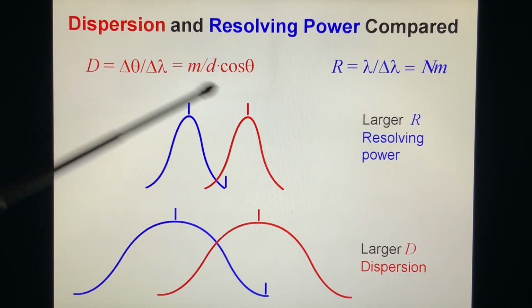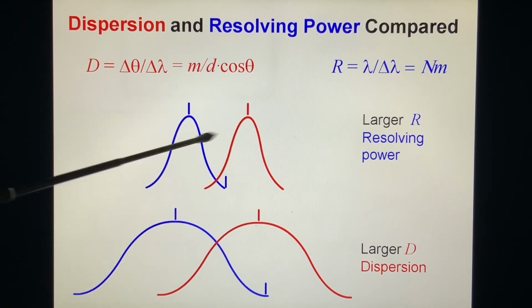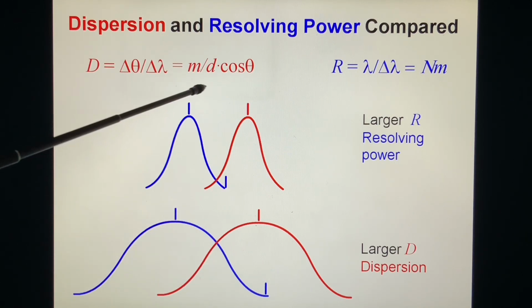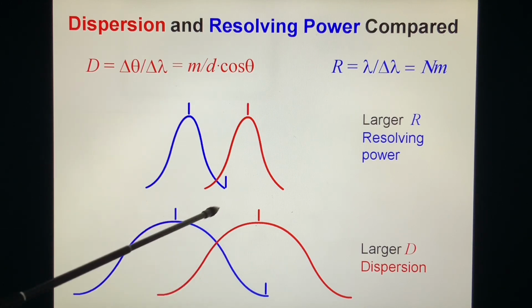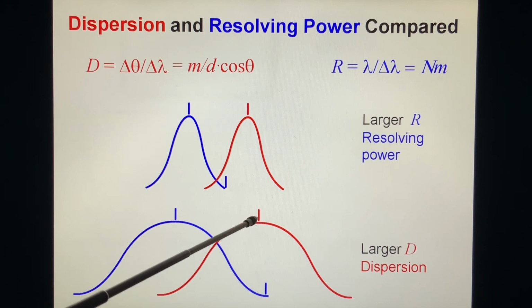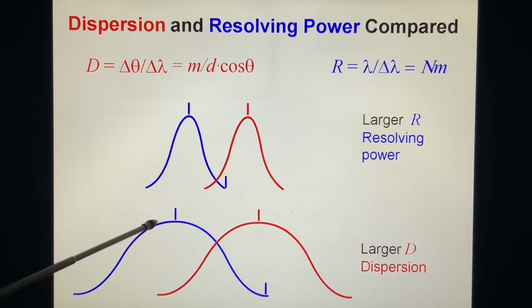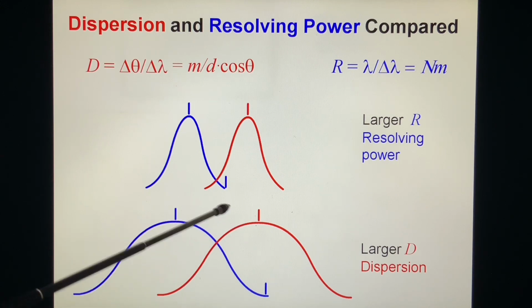Let's remember this, I picked it especially: even though they are separated farther, you cannot distinguish them. Why? Because this maximum is within the first minimum of the second one. So based on Rayleigh's criterion, you cannot distinguish them.